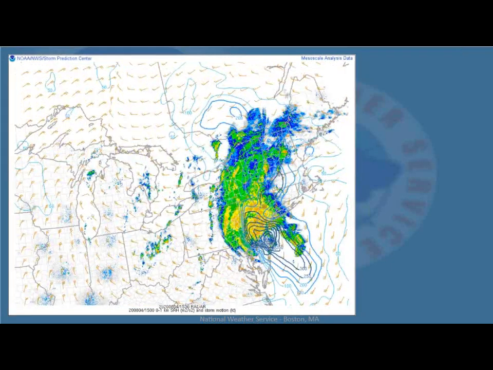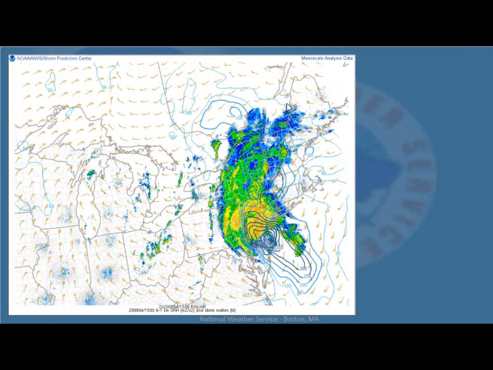Let's take a look at some other aspects. This is the 0 to 1 kilometer storm relative helicity. Remember how I mentioned the spin in the atmosphere, and one main reason why there's an elevated tornado threat is because there is rotation with height.